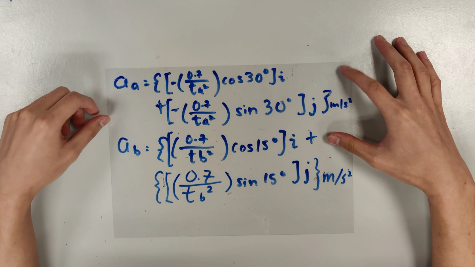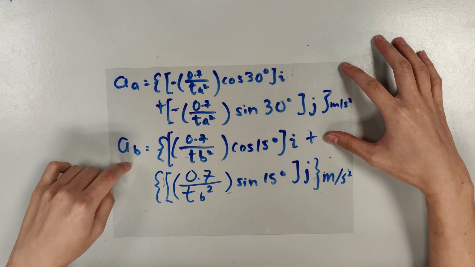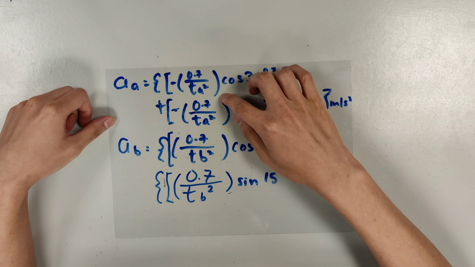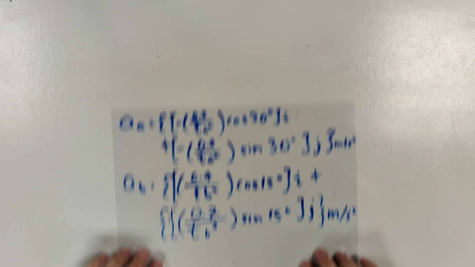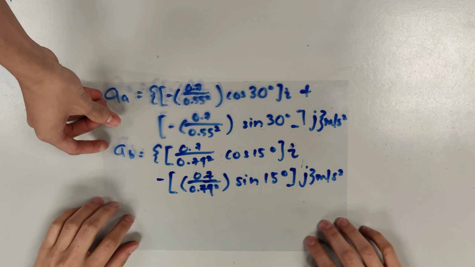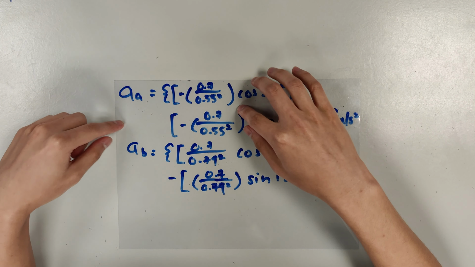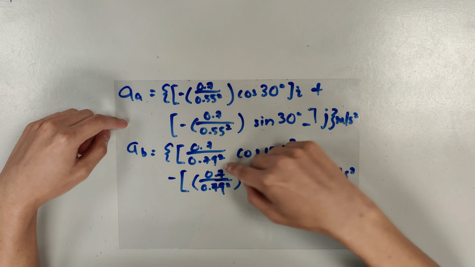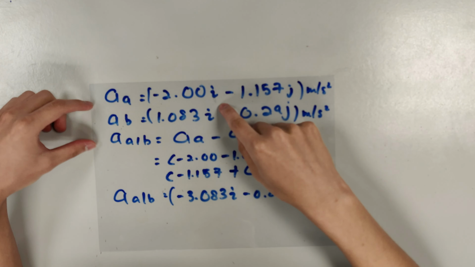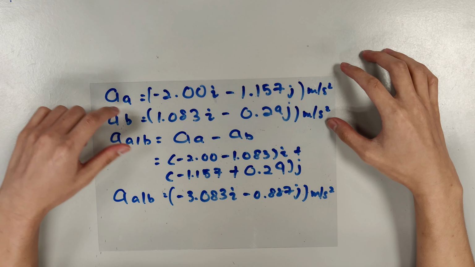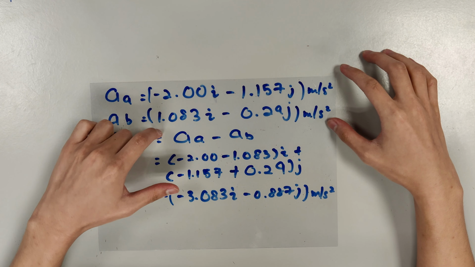The same can be said for the acceleration at point A and acceleration at point B. However, the values inside here will be different since acceleration is displacement over time squared. Here, after substituting in tA and tB, we can get acceleration A in vector form and acceleration B in vector form.